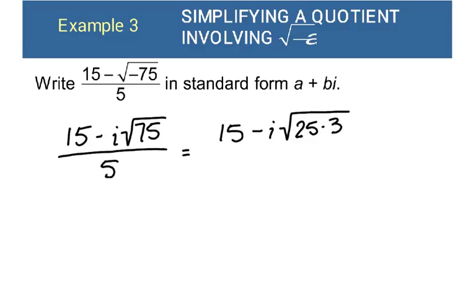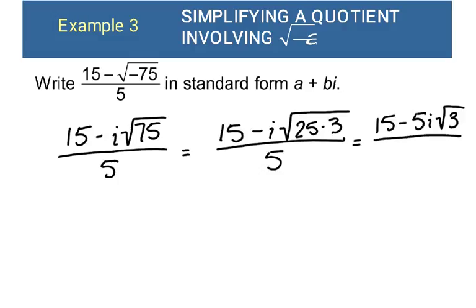So now, taking the square root of 25 in our next step, we end up with 15 minus, square root of 25 is 5, so you've got 5i on the outside, and on the inside of the radical, a 3. Still all divided by 5.